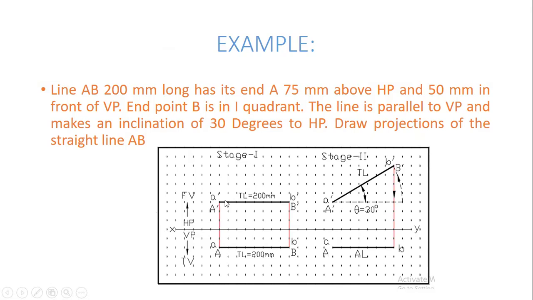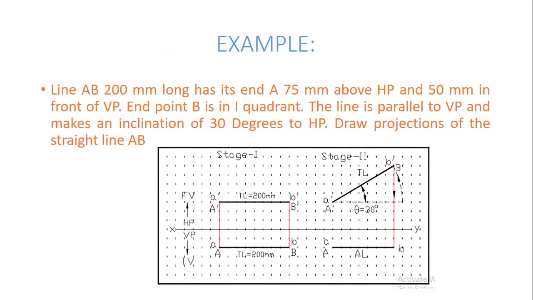And from here, measure the line whose true length is 200 mm long. So draw two parallel lines, A dash B dash and AB, 200 mm long.